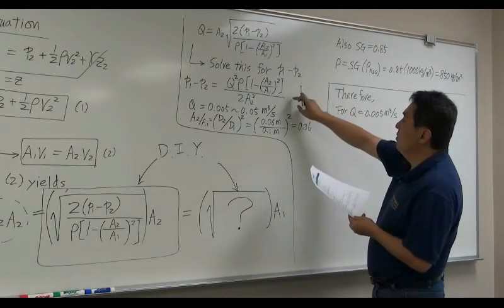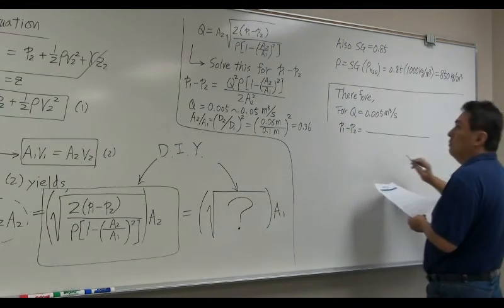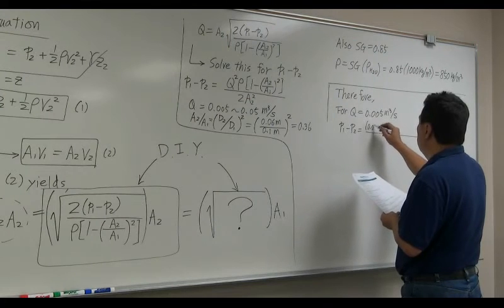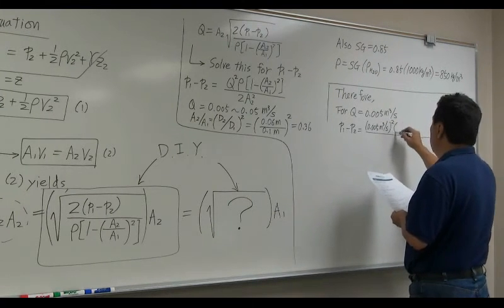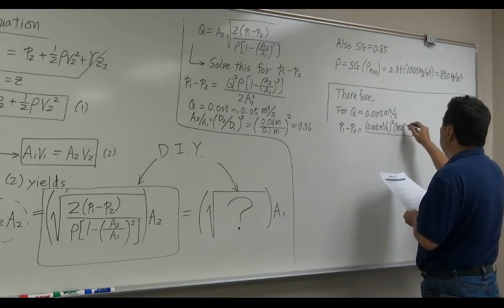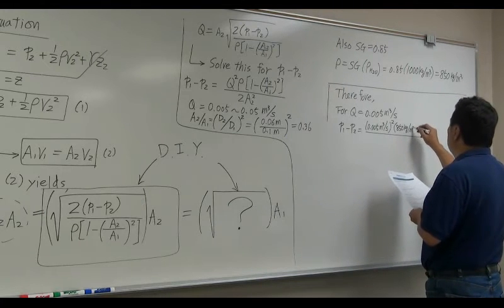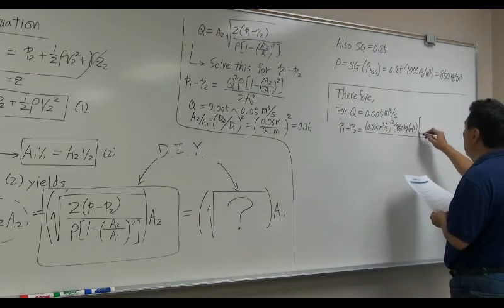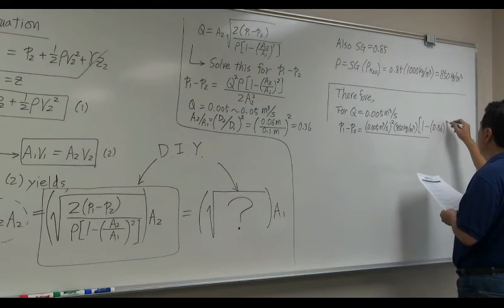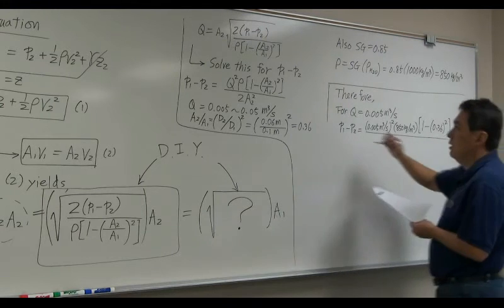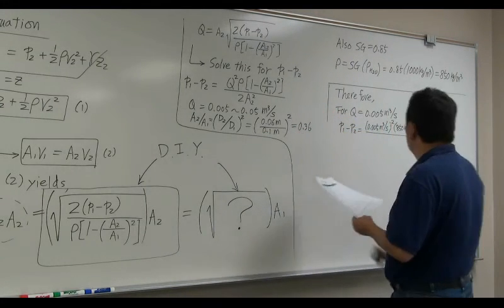Let's plug into this equation. So flow rate is 0.005 cubic meter per second. This thing is squared. Density is 850 kilograms per cubic meter. 1 minus 0.36 square. Okay, area ratio is this.